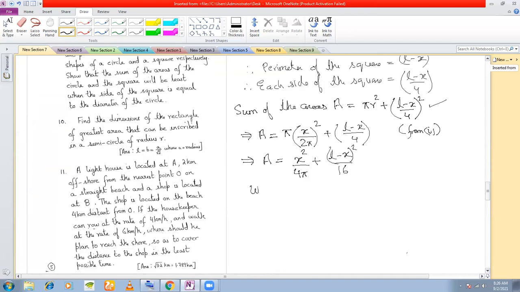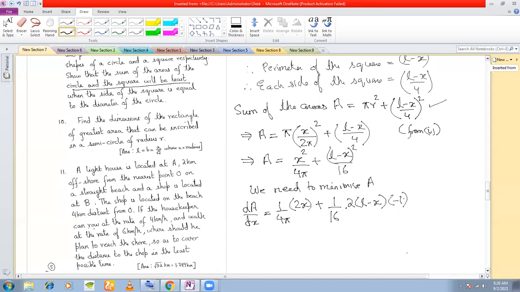So we need to minimize A. Or is it maximize? Yes, minimize, so that the sum of the areas of the circle and the square will be least. How to minimize A? dA/dx is 1 by 4 pi into 2x plus 1 by 16 into twice (L minus x) into minus 1, since differentiating (L minus x) square gives twice (L minus x) into minus 1.